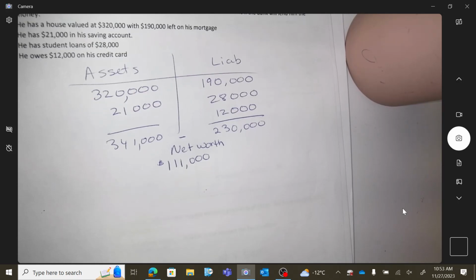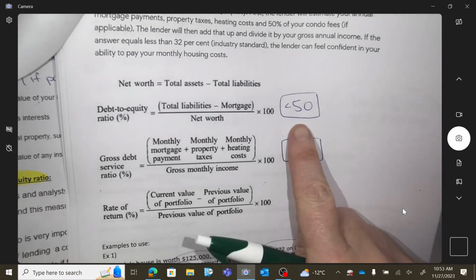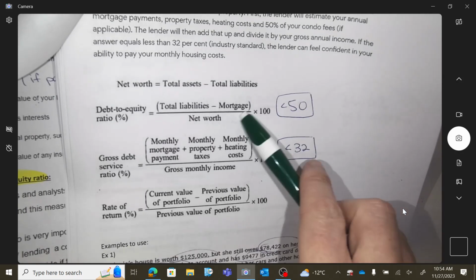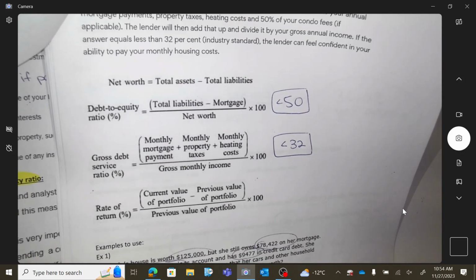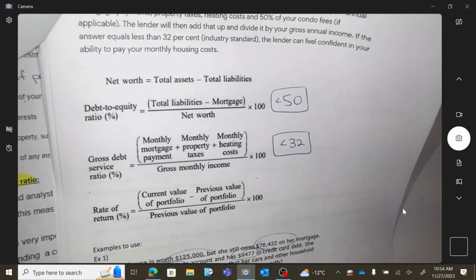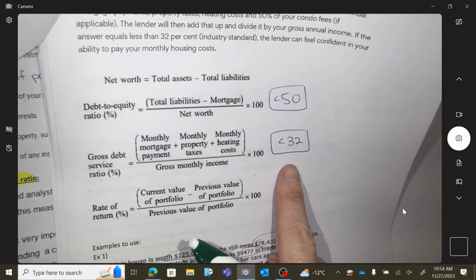Okay, so these are the formulas. I'm not going to give you these numbers, so you need to make sure before your test, your debt to equity, 50%. Remember, 50% means I'm having more debt than equity. And then this magic number is 32, so you just have to remember that one.